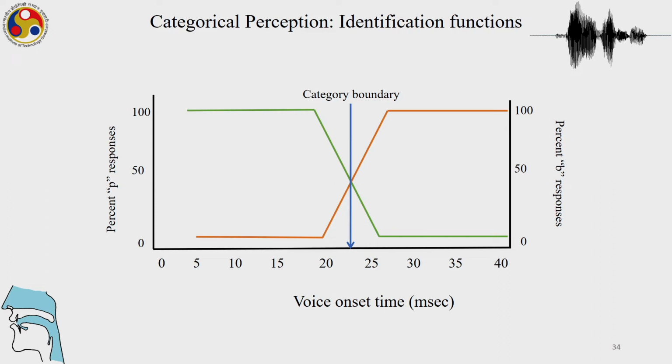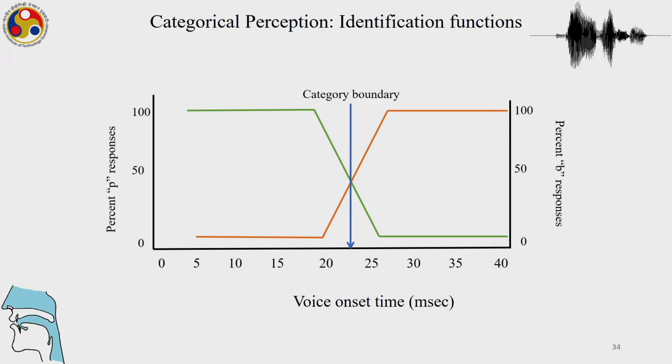So what you just heard can be expressed like this in terms of results of experiments. These are called VOT experiments, which involve identification functions, where participants are asked in a forced identification task whether they heard a ba or a pa.